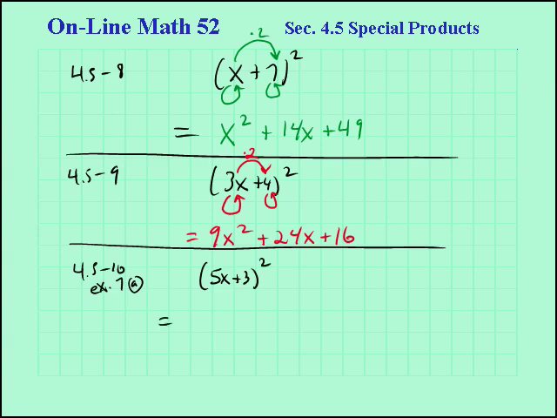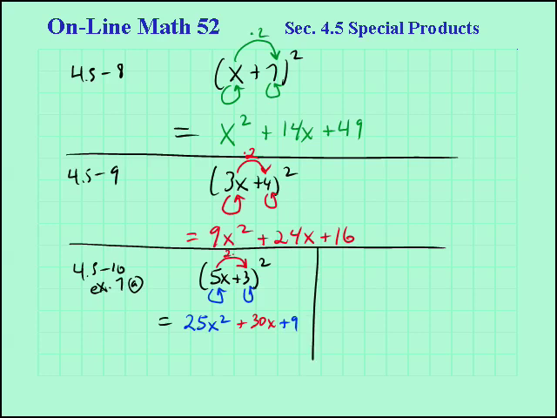This is going to equal, let's see, 5x times itself. 5x times 5x, 25x squared. This represents the outer product, and we're going to double it, times 2. Together, that's 15x. 5x times 3 is 15x. Doubled is 30x. And then the last product is 3 times itself, plus 9.